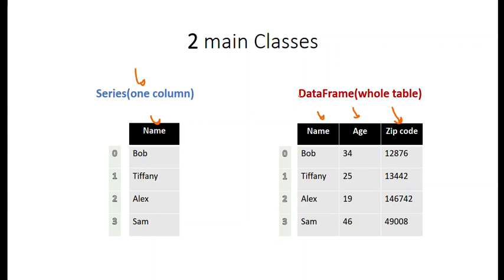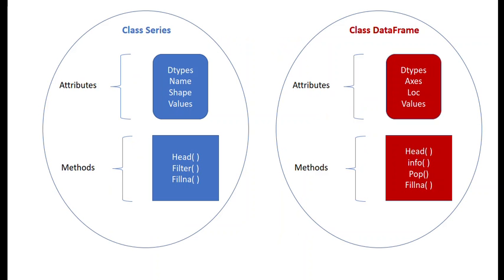All right. Also, think of a DataFrame as a list of Series, since a Series is one column. Okay, and that's it. All our work will be centered around these two main classes. We'll create objects from them and work on these objects.